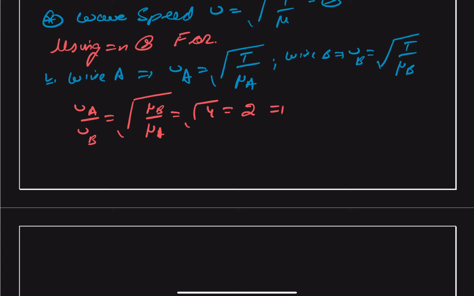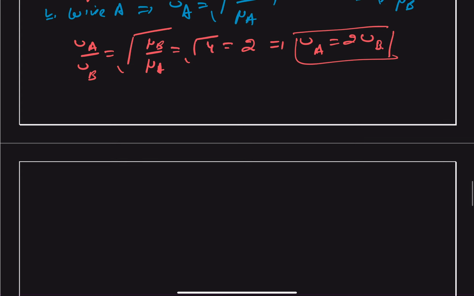So we can say from here that the wave speed in string A will be equal to twice the wave speed in string B.